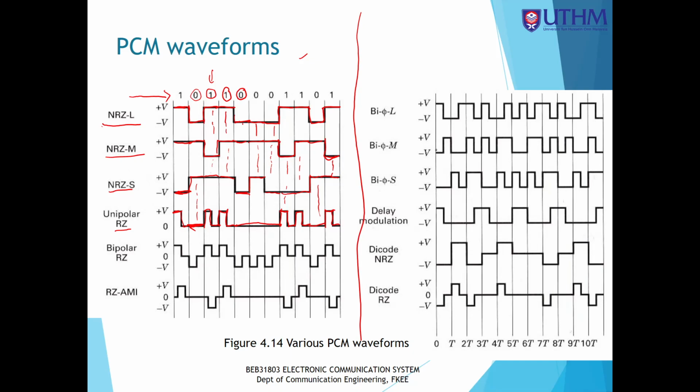Then we also have a return to 0 bipolar. So in bipolar, we have two polarities of output, positive voltage and also negative voltage. But this one will also return to 0 for both input logic 1 and input logic 0.